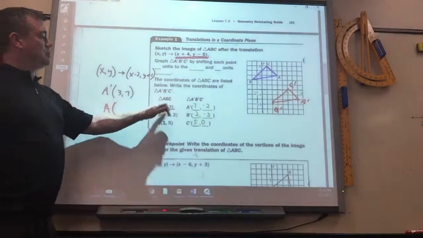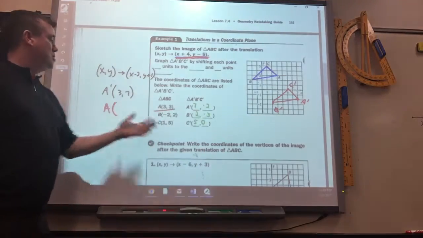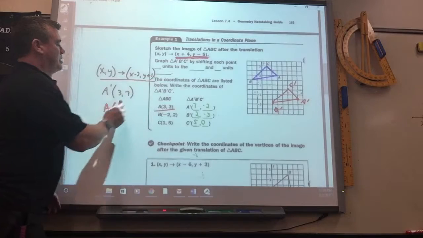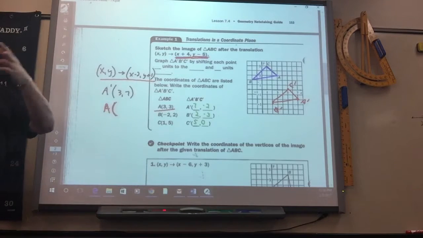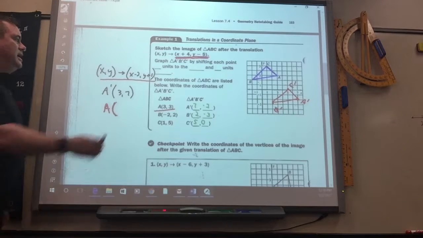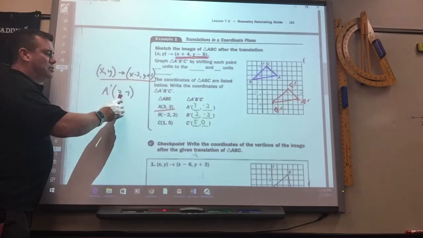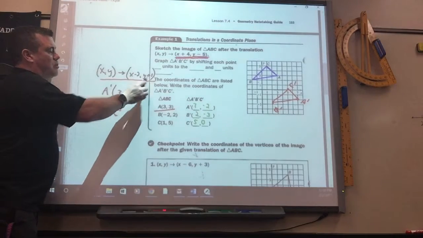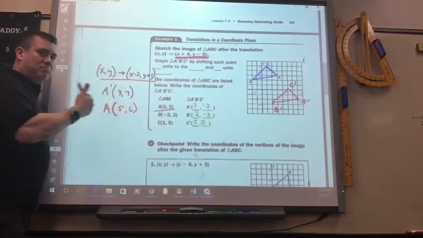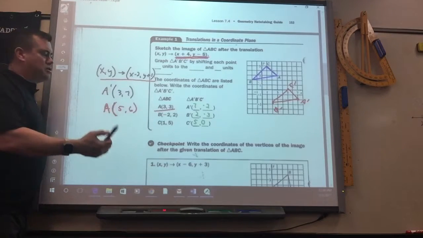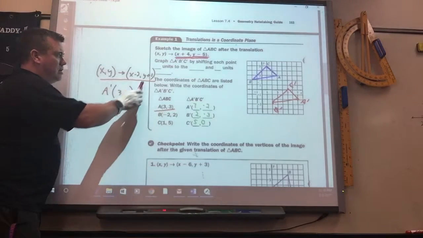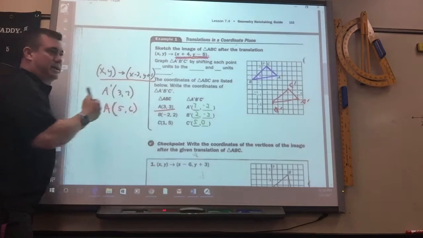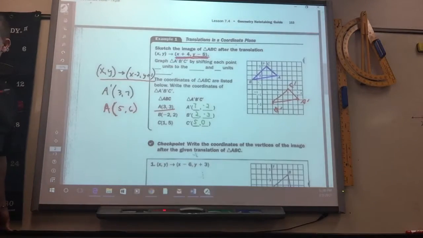Here they gave us the original and we found the image. So if this is the directions and this is the image, what would you do to find the original point? You do the opposite. Instead of subtracting 2, you'd add 2. Instead of adding 1, you'd subtract 1. Okay? So you can just check it. If I took the original and subtracted 2, I'd end up here. If I took the original and added 1, I'd end up there.